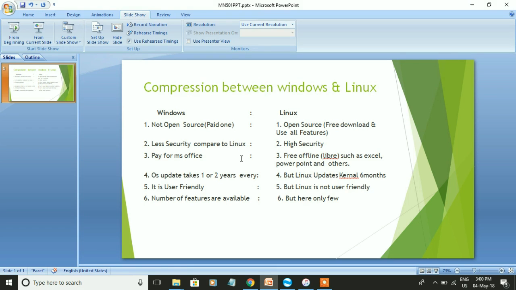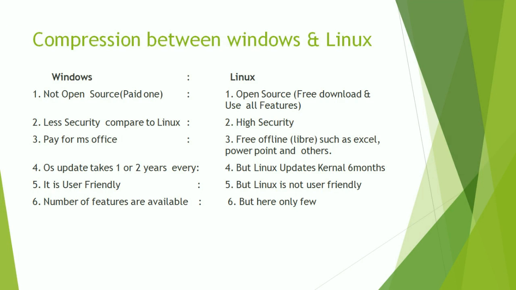Yes, now I'm showing the comparison between Windows and Linux. Coming to Windows, it is a closed source OS. Coming to Linux, it's an open source OS. Everyone knows a closed OS has some restrictions. Coming to Linux, open system means the system software is open.